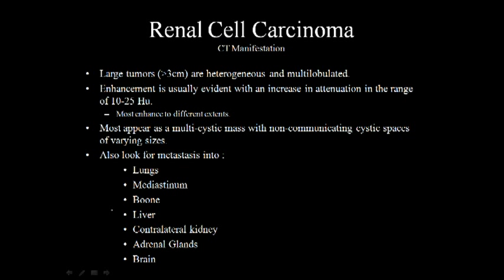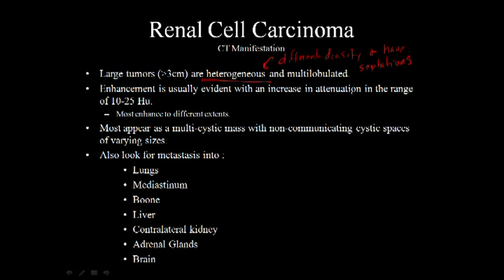So what does renal cell carcinoma look like? Large tumors greater than 3 centimeters are heterogeneous and multilobulated, and so they have different densities. And have septations.